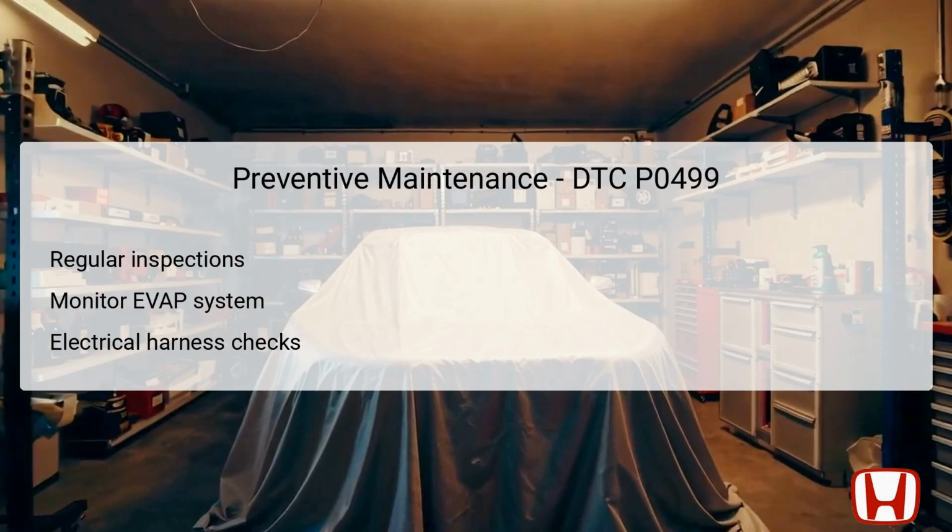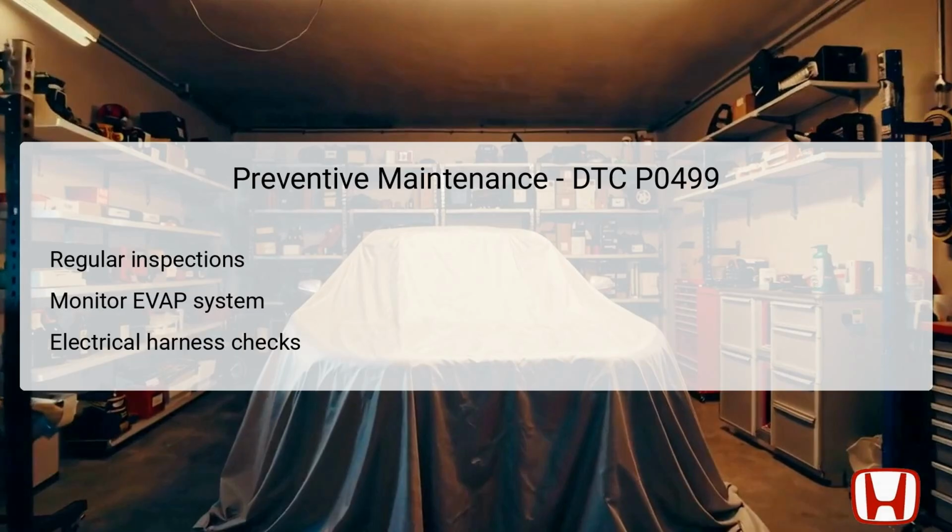To prevent the recurrence of DTC P0499, it is essential to implement preventive maintenance measures. Regular inspections of the EVAP system should be undertaken to ensure that all components are functioning correctly and that there are no blockages or leaks that could impede performance.